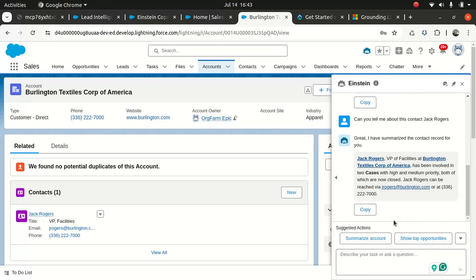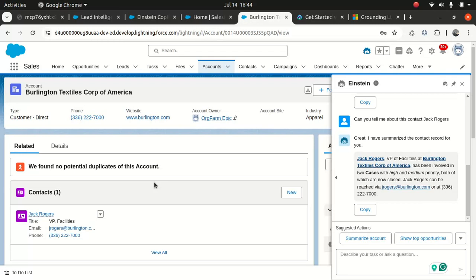It simplifies a lot of the task. If you're a call center agent, you don't really have to drill into different areas, Einstein will take care of that for you. You can do this for Service Cloud as well. This is one of the core capabilities you get out of the box.